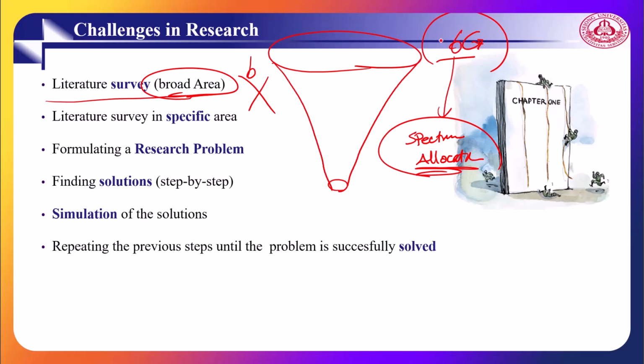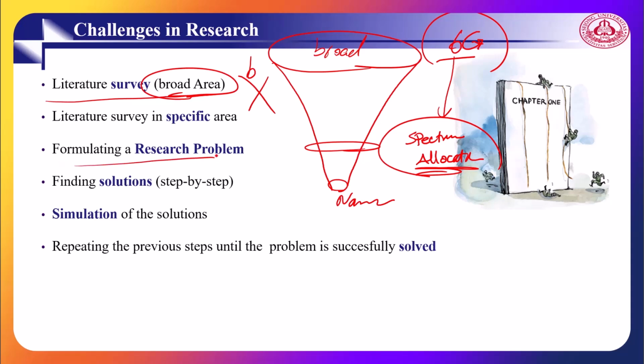So it's very important. Not very broad, not very narrow. So whenever it is needed, we have to ensure that the survey in a specific area is comprehensive. How? By including related fields and research development. Maybe you will use diverse sources to get a well-rounded view.